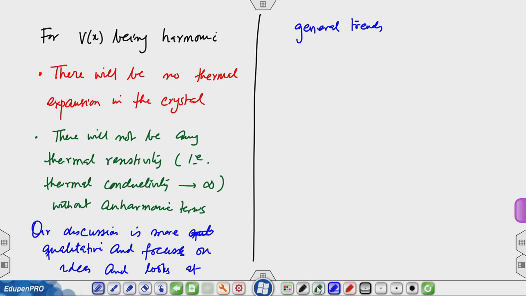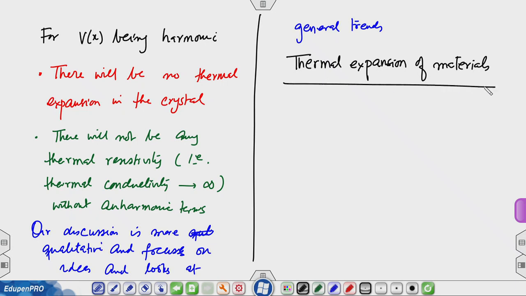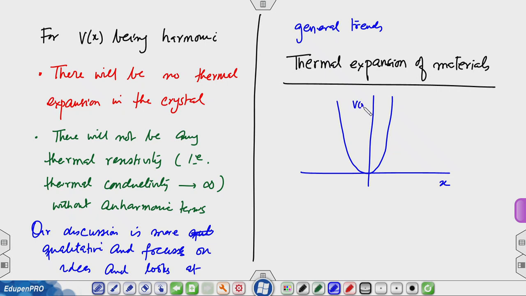So, let us look at thermal expansion first. If the potential was purely harmonic, then it looks like this. This is with respect to x, this is V(x), and this is half k x square.